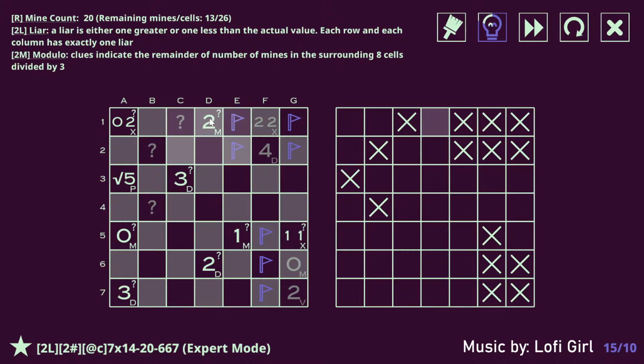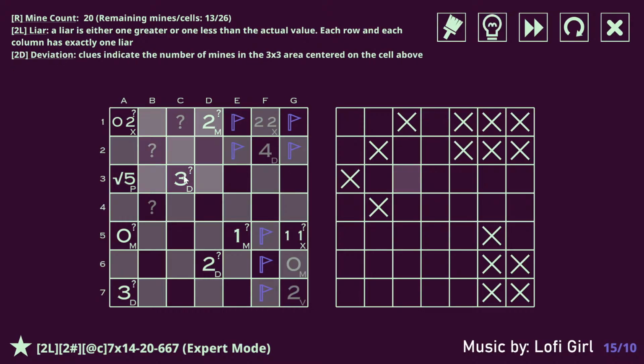Okay. All of these are lying. This could be anything. We know one of these are non-mines because that would have to be a liar.